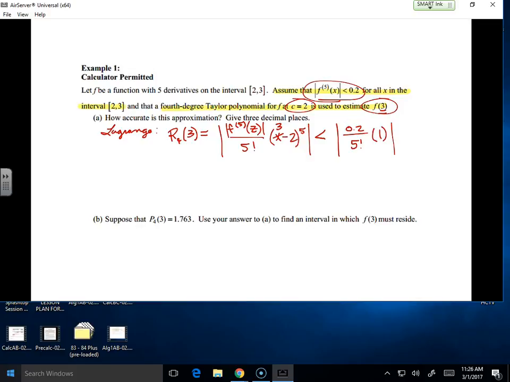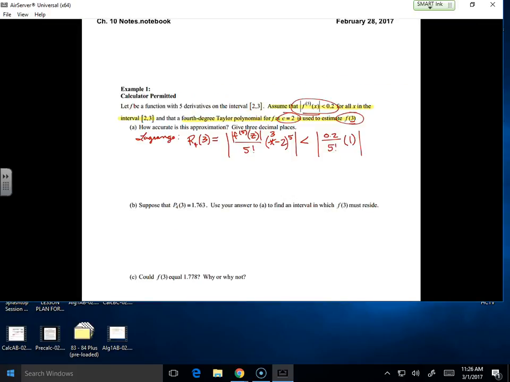Almost. Solve, solve, solve, and this ends up equaling 0.0016. So the part where it's f5 prime of z over 5 factorial has to be less than 0.0016.